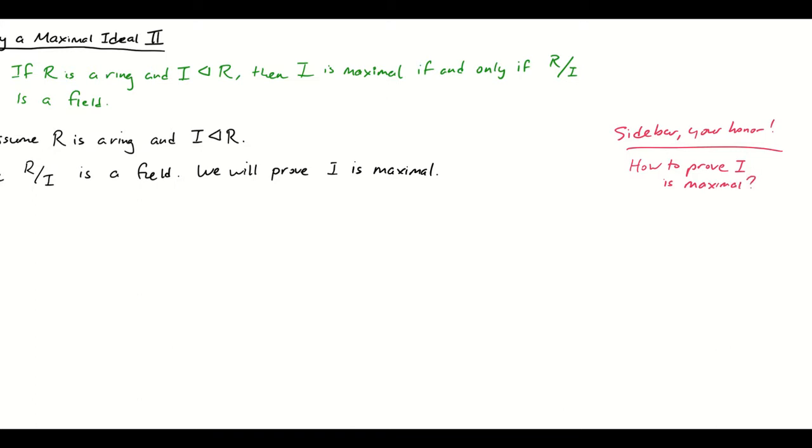Well, the definition of maximal ideal is that if I have an ideal J, some other ideal, such that I is contained in J, which is contained in R, then that J has to be either I or R. That's the definition of I being maximal. If I imagine some other ideal which contains I, then it has to be either I itself or the entire ring. So that's how we're going to approach this. We're going to assume we have some ideal J, and we're going to assume that it's not I, that it's bigger than I, and we're going to prove it has to be the entire ring. That'll be the approach.